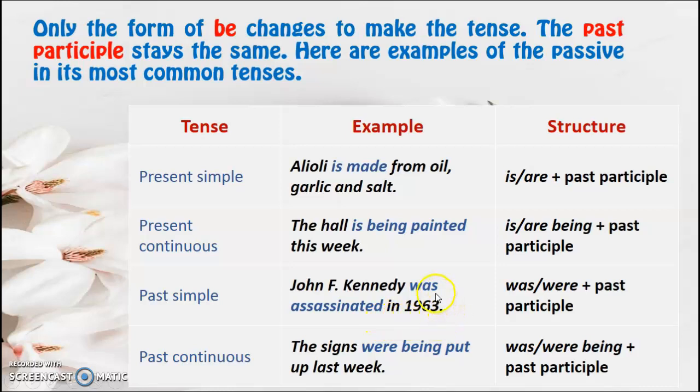We have, instead of is, was, the verb to be in the simple past plus the past participle. In the past continuous, we have, the signs were being put up last week. So we have were and being, that is the continuous, and put up, that is the past participle.